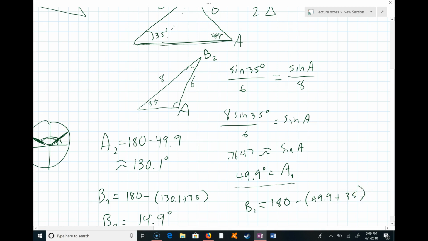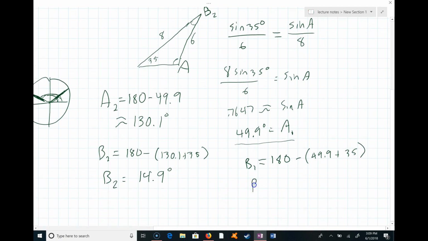So that'd be 85. So B sub 1 is going to be 95.1 degrees. Right? Because that would be what? 84.9. So that'd be 95.1.